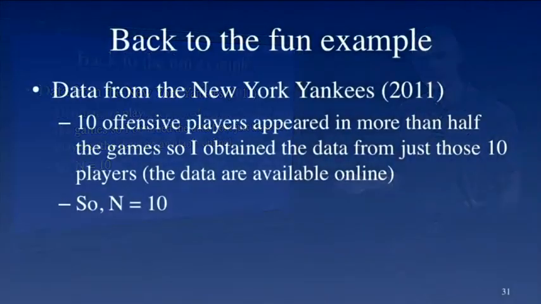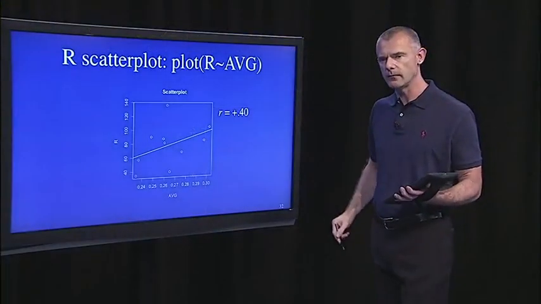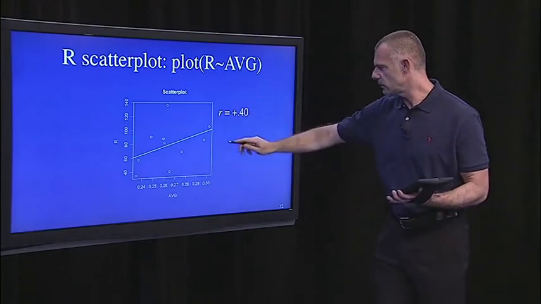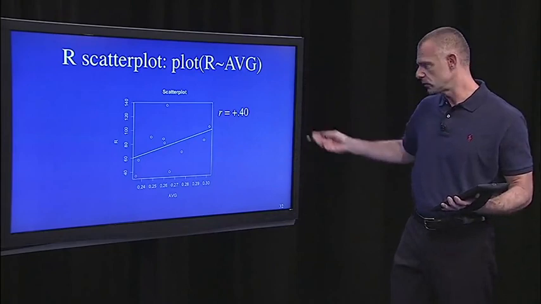I picked out the 10 top offensive players from the entire team, and I just analyzed the data. So what you see here, again, I used the plot function in R. R stands for runs, AVG for average. And what you see is a nice positive correlation between runs and batting average, 0.4.